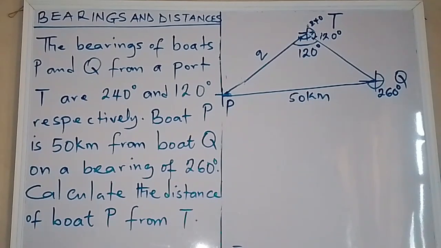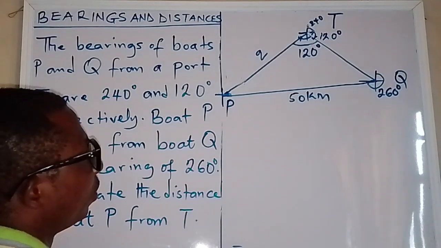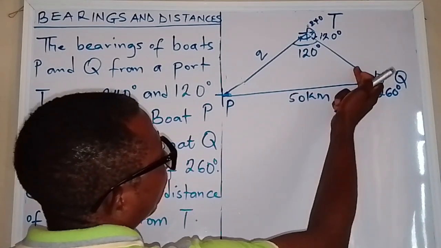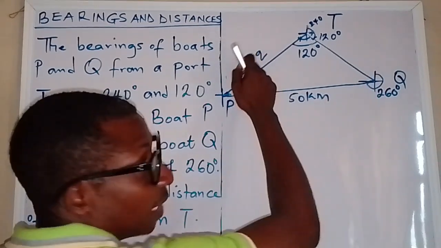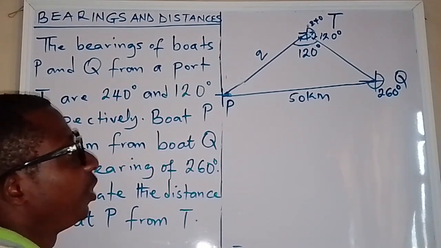All right, so we can make use of the cosine rule or the sine rule. I think the sine rule is going to be better. So we are making use of the sine rule. We need to get this angle here so that we're able to get side q.